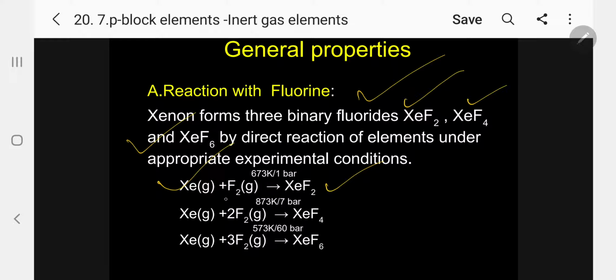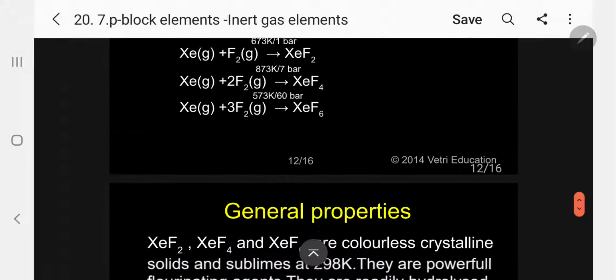If you use 2 moles of fluorine, at 873 Kelvin and 7 bar, xenon tetrafluoride is formed. With 3 moles of fluorine, xenon gives xenon hexafluoride at 573 Kelvin, but the pressure is very high, 60 to 70 bar. So these are the compounds xenon forms with fluorine at suitable conditions.